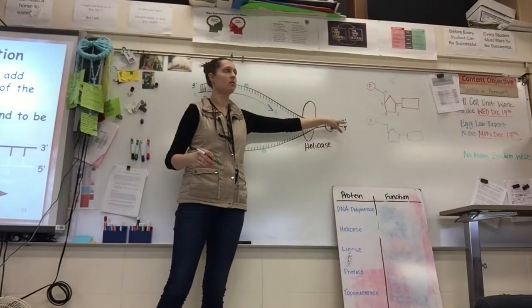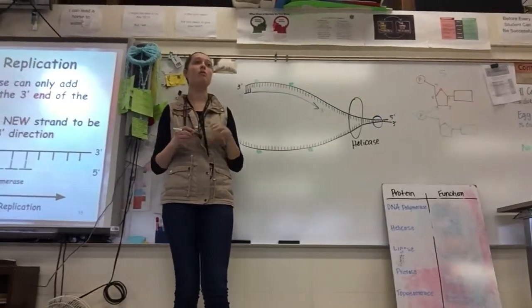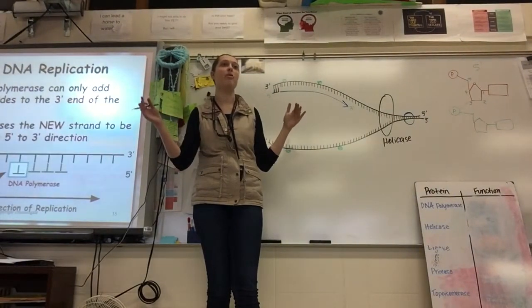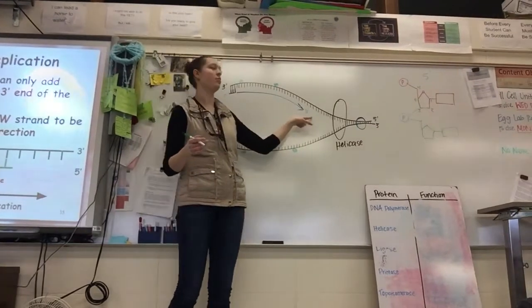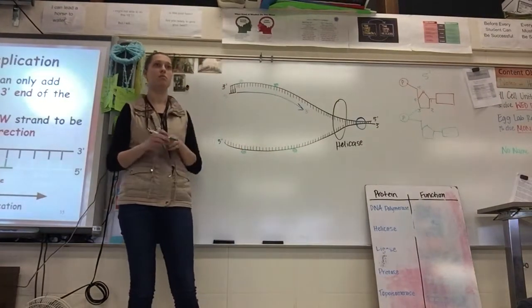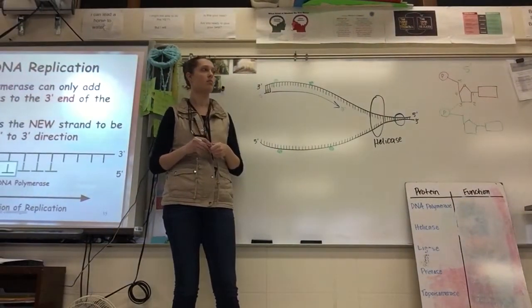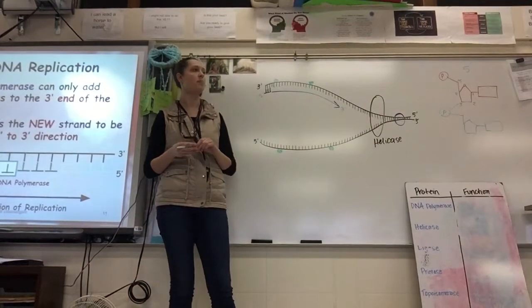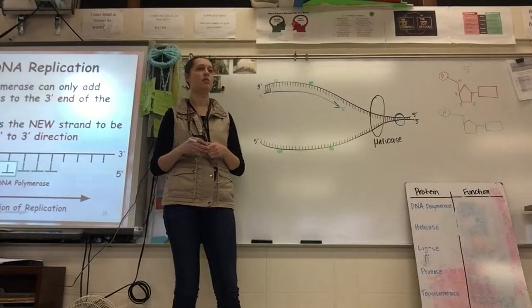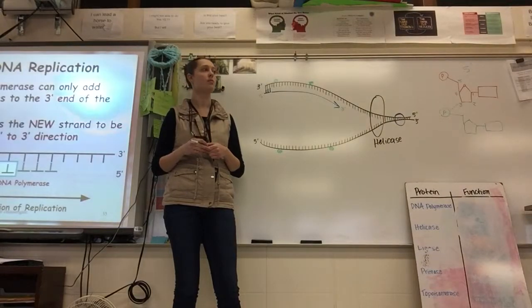So the template is 3' to 5', but we're building it from 5' to 3'. So you read the template strand 3 to 5, but you build the new one 5 to 3, because that 3' carbon is where the new phosphate has to attach to.